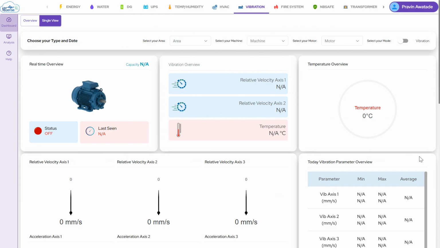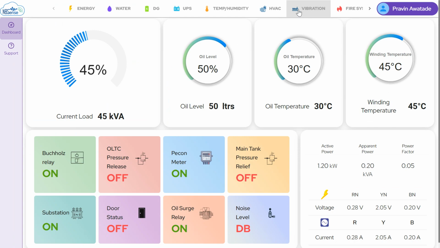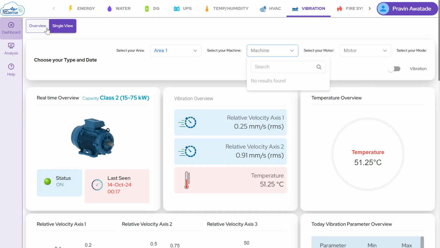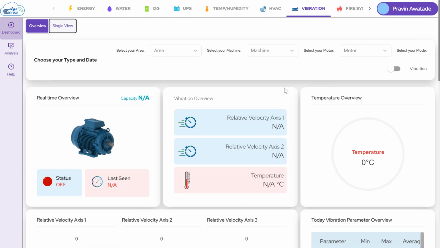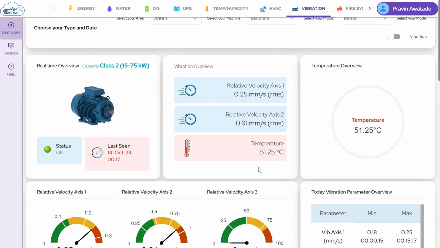Once we select the particular machine motor, here we can see the real time overview, status on or off, relative velocity, relative acceleration also we can see.